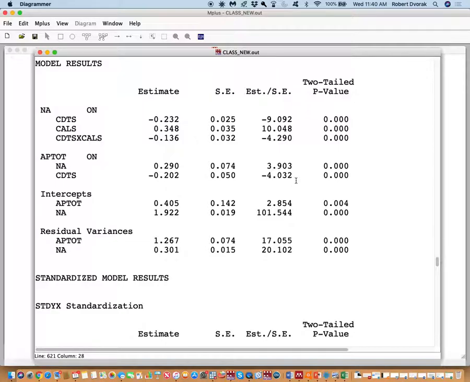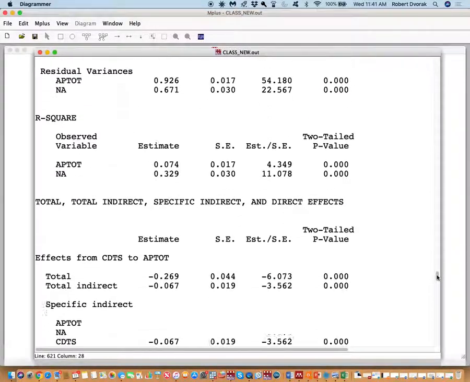But those indirect effects are going to be different if distress tolerance is high or if distress tolerance is low, right? Part of the cool thing about this is being able to say, hey, if we can change distress tolerance, then we can change negative affect, and subsequently we can change a person's level of alcohol problems, right?